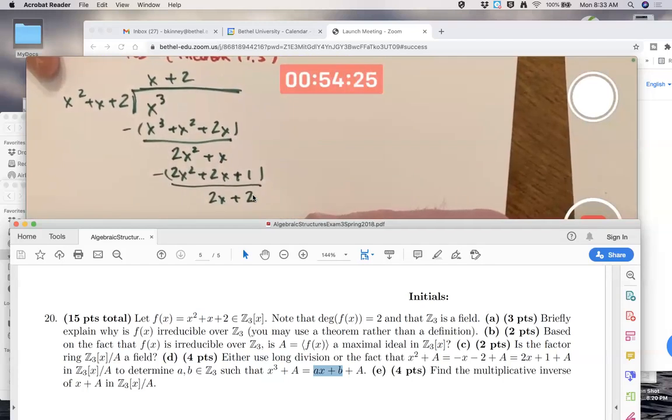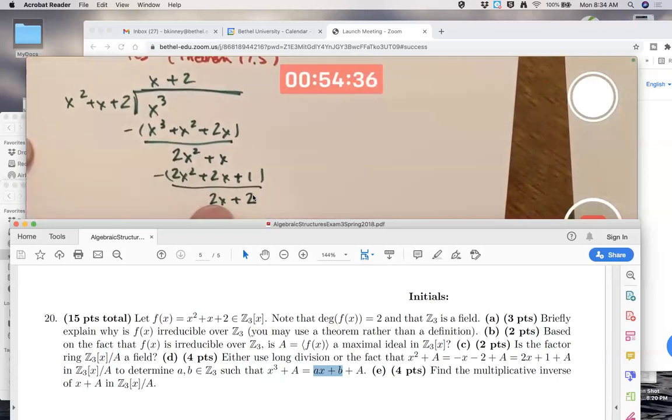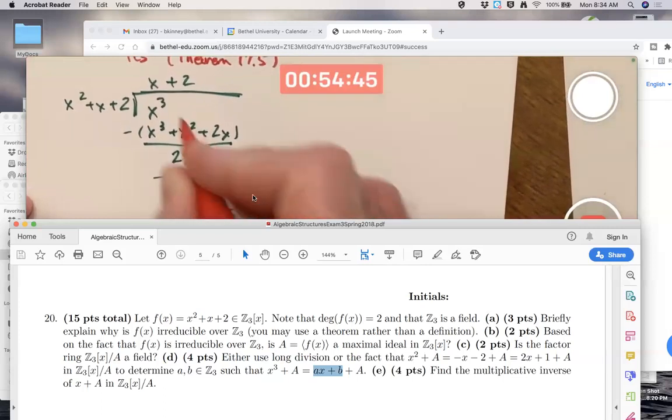I'm double checking in my mind here. We can stop there because I'm now at an expression whose degree is smaller than what I'm dividing by. That's the remainder, the R of x. Here's the Q of x.